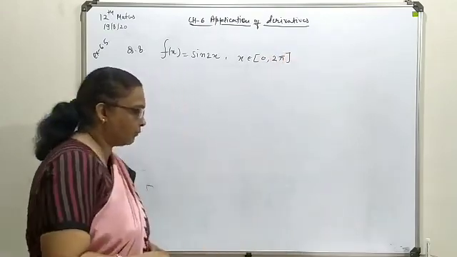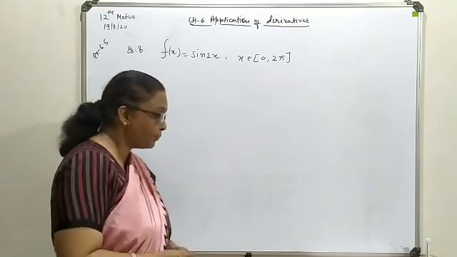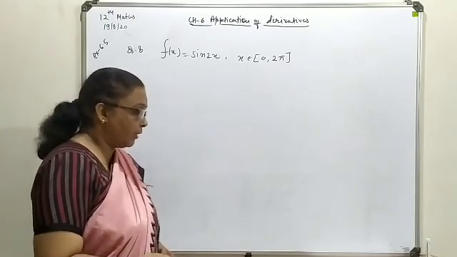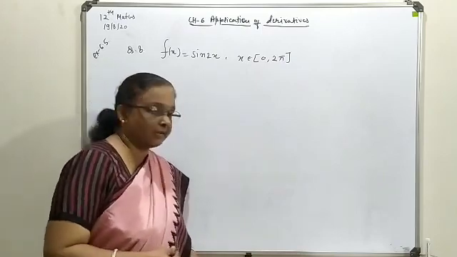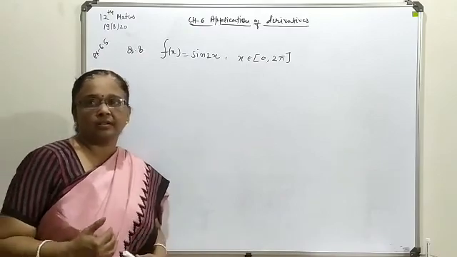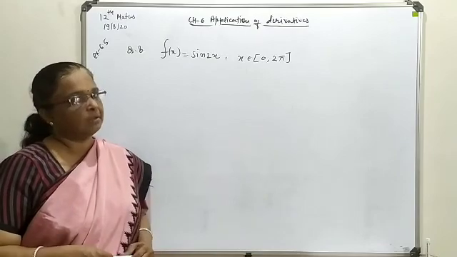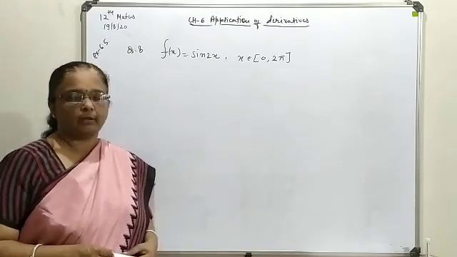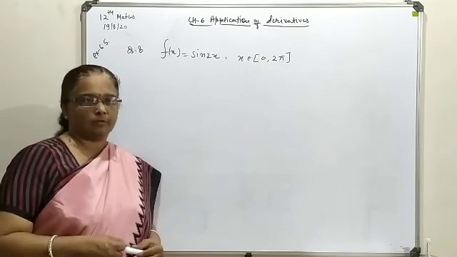Now here we have to find the points in this interval 0 to 2π for which this function sin 2x attains its maximum value. Means we have to find all the points for which this function attains maximum. So let's try to find out how it can be found.